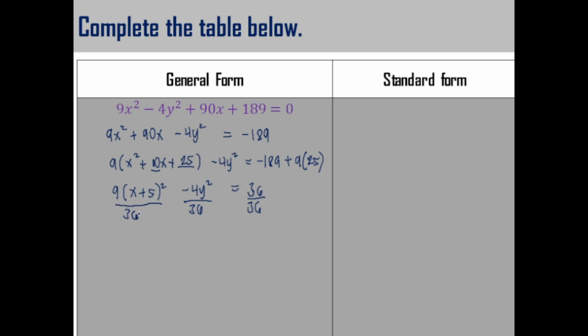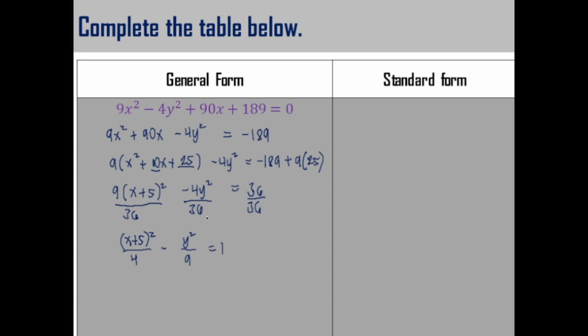Kasama dito, 36. When you press 9 over 36, that is 1 over 4. So, ito yung magiging x plus 5 square over 4. And then, when you press 9 over 36, that is 1 over 9. So, ito yung magiging y square over 9 equal to 1.